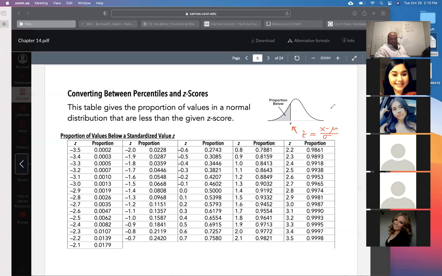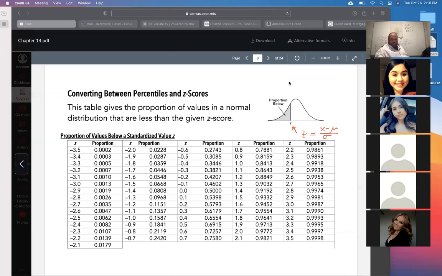But ultimately, what we're usually concerned about is what proportion of data points fall beneath your z-score. The further z is to the right, the more data points fall beneath it. If I had a z over here, I'd of course have many more data points to the left of it.